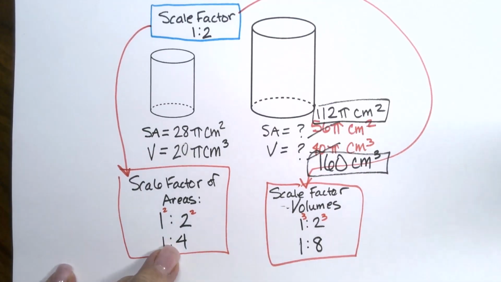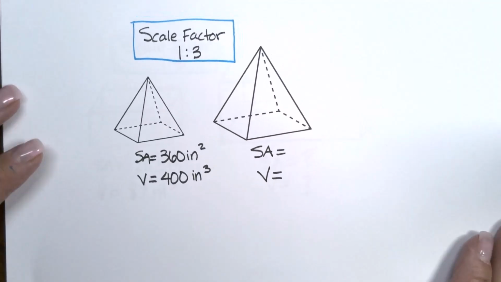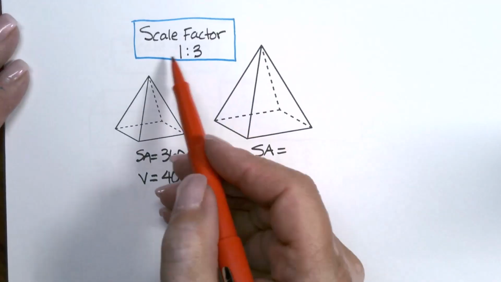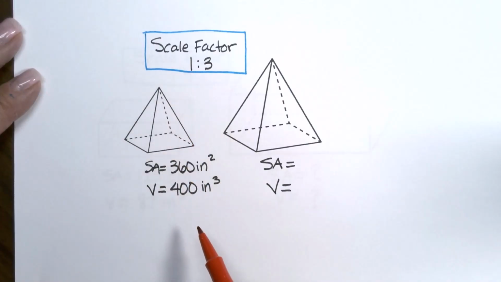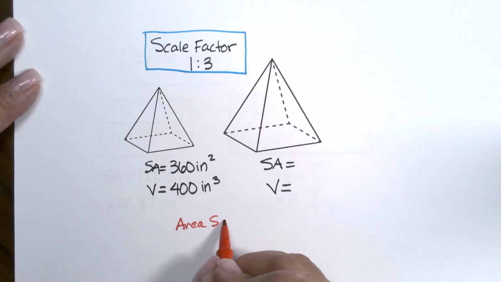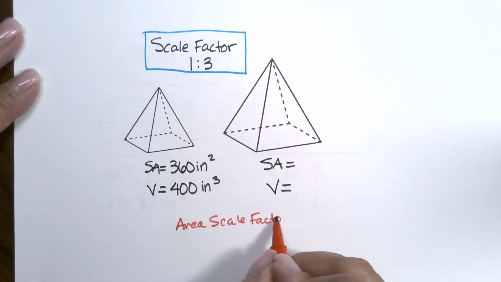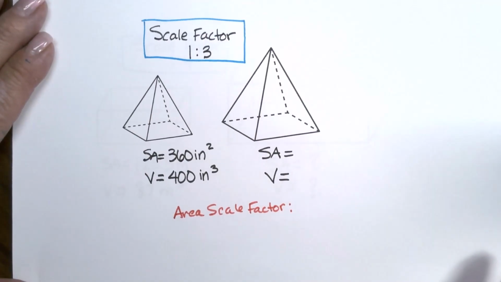Let's do it again. This time we're going to do pyramids. The scale factor is 1 to 3. So for the area, your area scale factor is going to be squaring those.